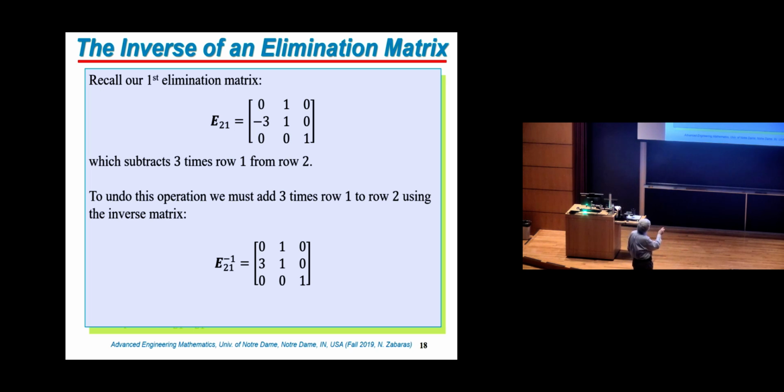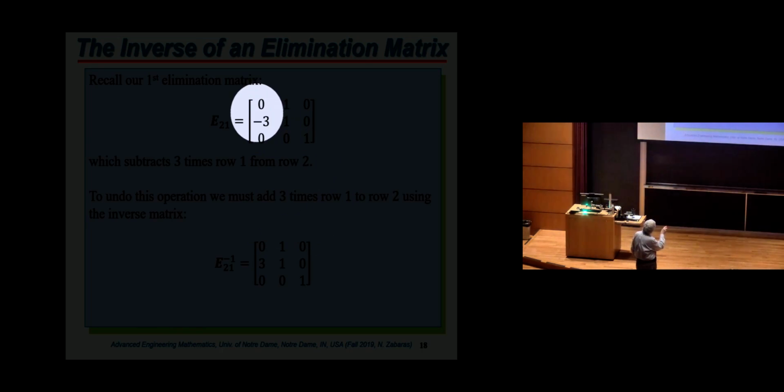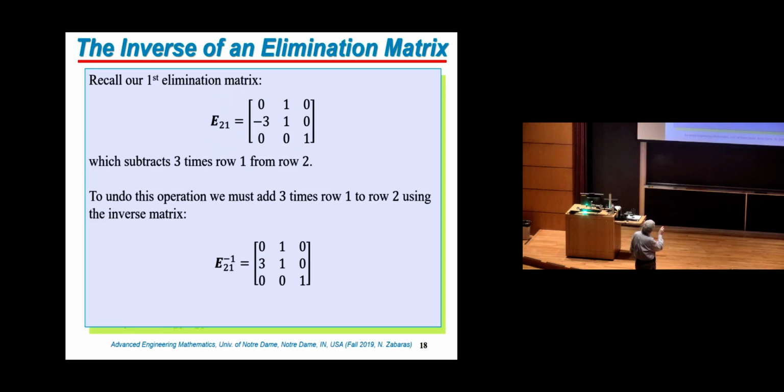So can somebody remind me with words, what did we do on this elimination matrix? We subtracted 3 times row 1 from row 2. So what should the inverse do? So if the elimination matrix subtracts 3 times row 1 from row 2, the inverse of that matrix has to reverse that.